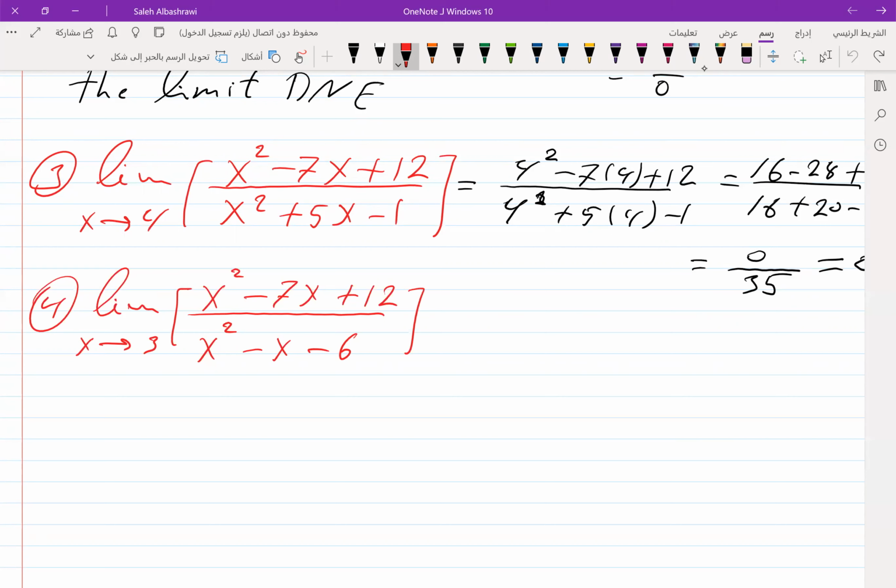Find the limit of this function where x goes to 3.